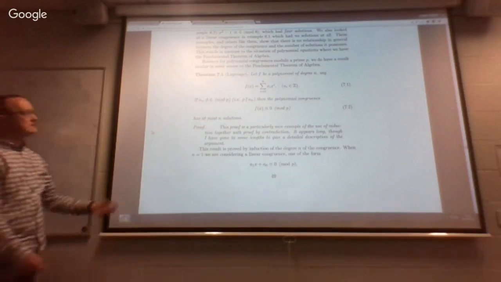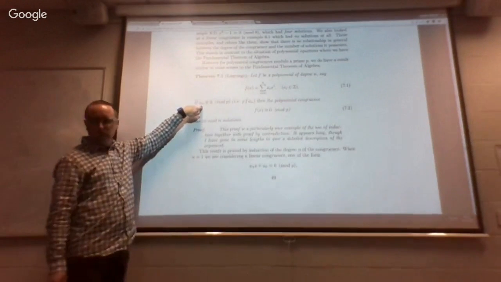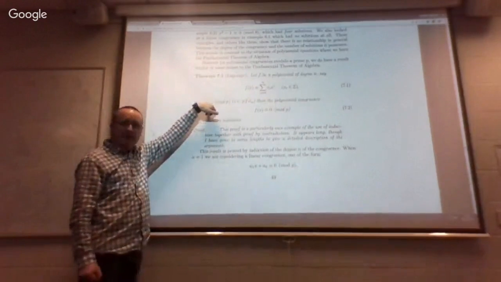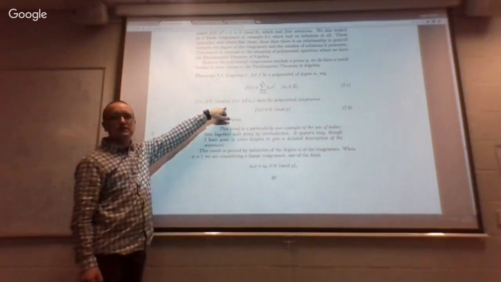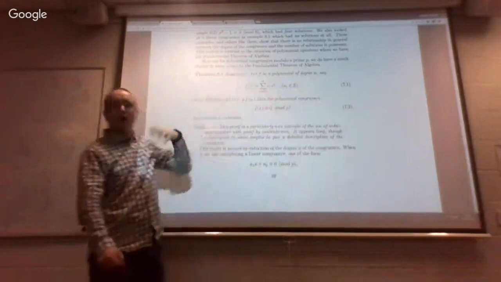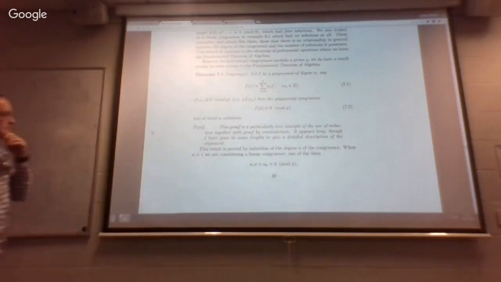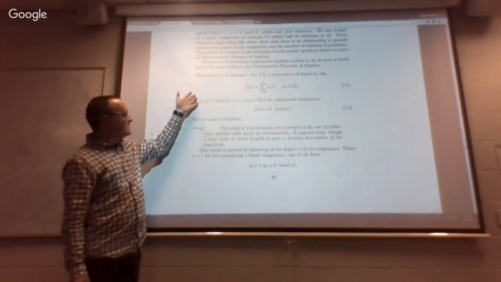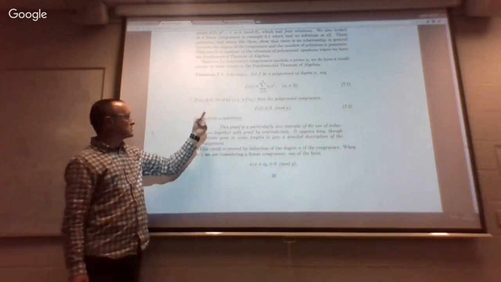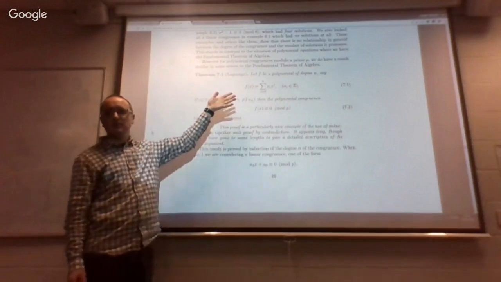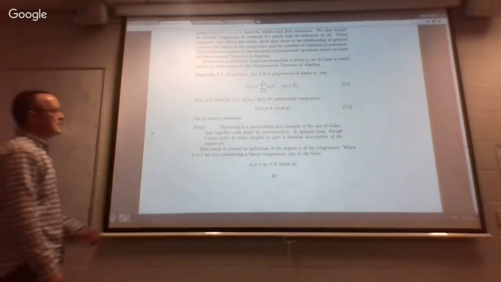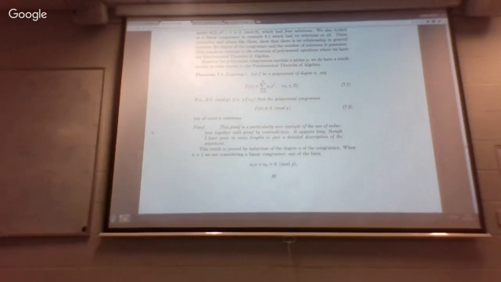And it is genuinely of nth degree because it has a non-zero nth coefficient, a_n, the coefficient of x to the power n. We need to make it very clear that that's non-zero modulo p. So it is a genuinely degree n polynomial congruence. If the leading coefficient a_n was divisible by p, we wouldn't really regard it as being a degree n polynomial congruence because the coefficient is really 0 modulo p. So we require that it's non-zero modulo p. And then this degree n provides an upper bound on the number of solutions. It can have at most n solutions modulo p.